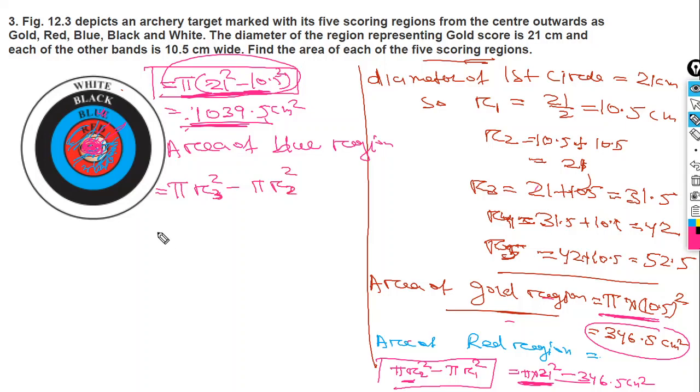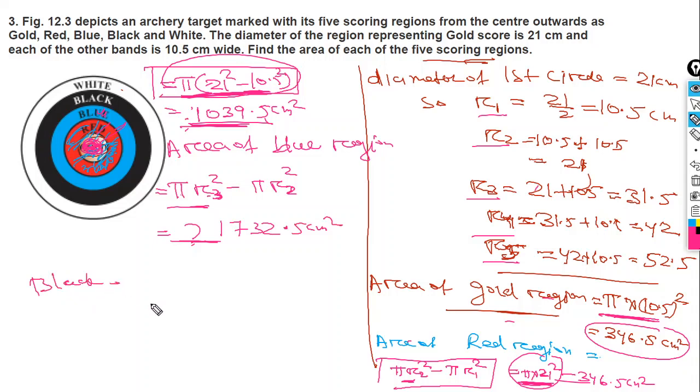We have the values of R1, R2 and R3. Please put the values of pi and R and find this. So the blue region area will be 1732.5 cm square.